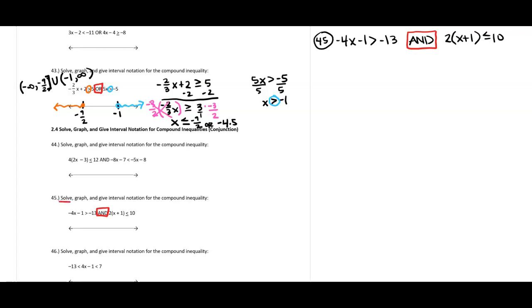Okay, make sure you do all of these things too. Solve, graph, and write your answer in interval notation. Okay. When you get all those done, you use the little hand raise button and show me, like just raise your hand when you have an answer on 45.